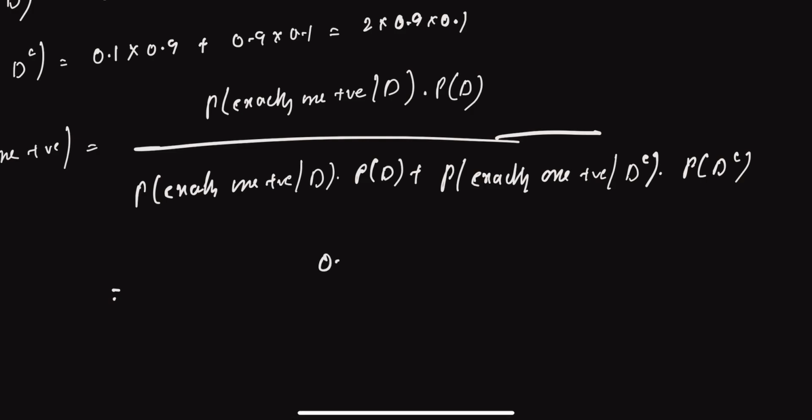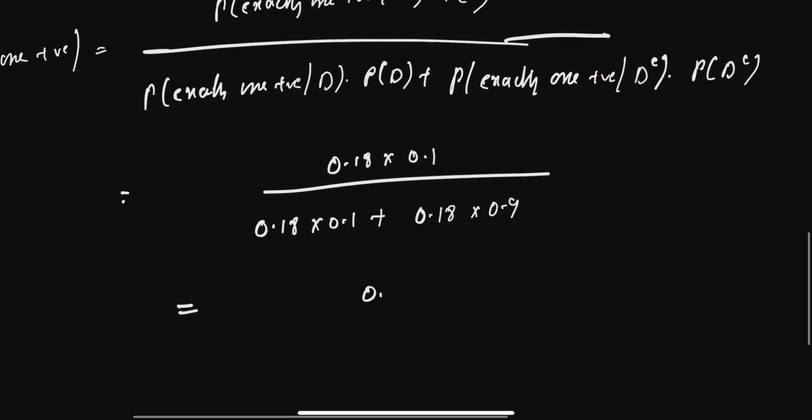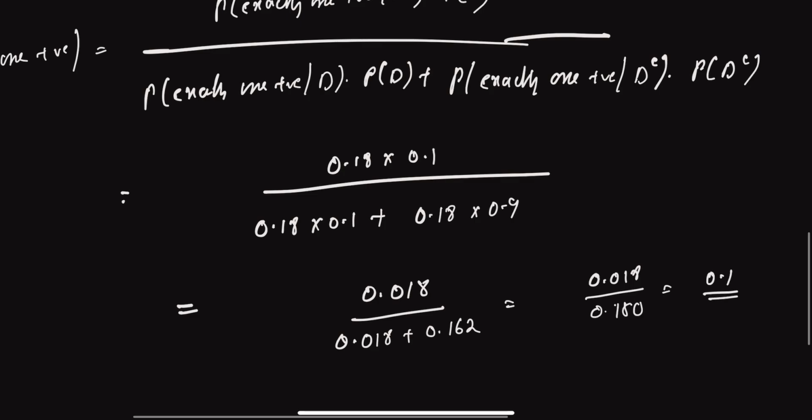That is 0.18 into 0.1 divided by 0.18 into 0.1 plus 0.18 into the probability of not having the disease, which is 0.9. So that is 0.018 by 0.018 plus 0.162, which is 0.018 by 0.180, which is 0.1.